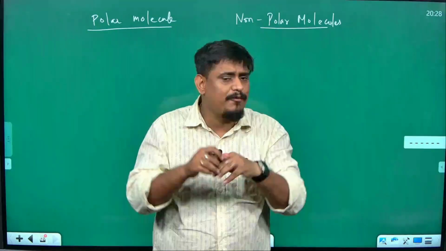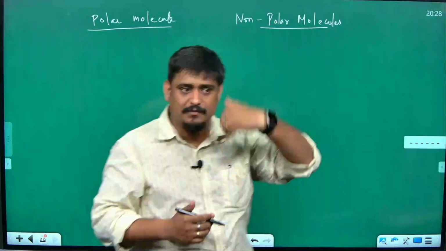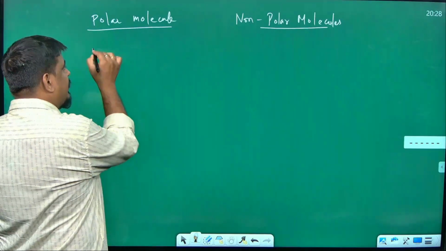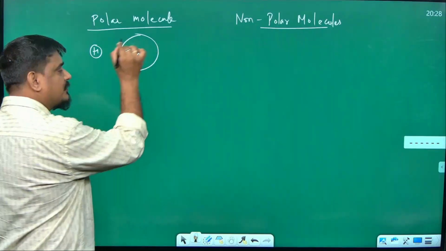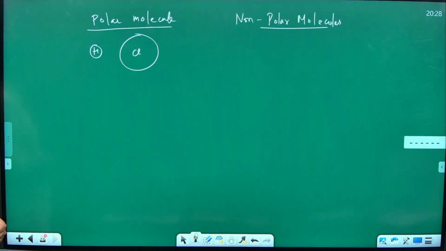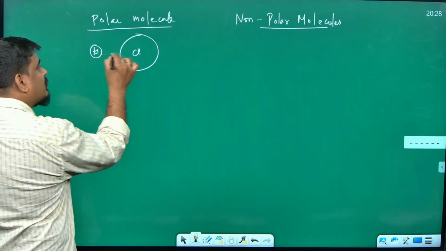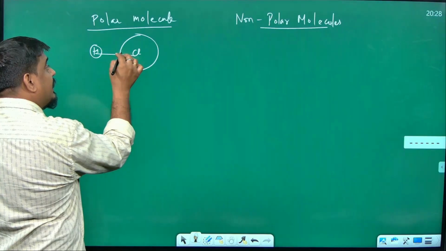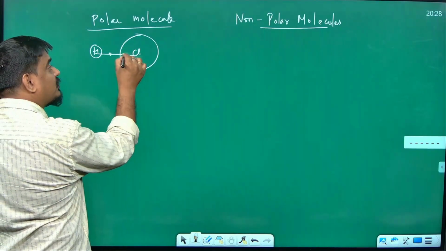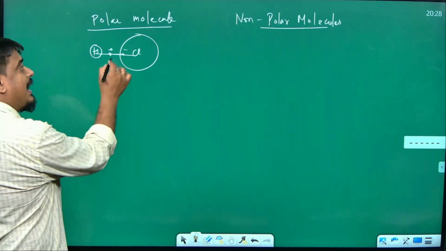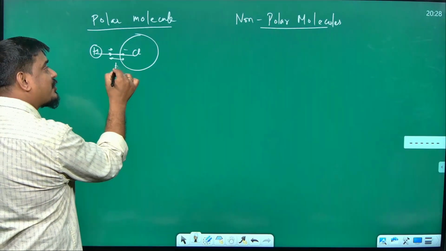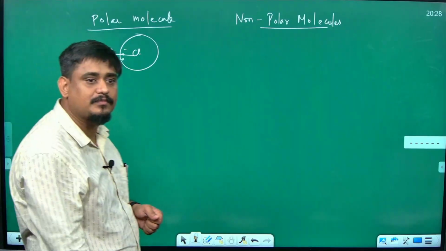So if you have a molecule, for example HCl, even HF, if you have HCl, H is small, Cl is large, am I right? If you see their positive and negative centers, there will be separation between them, and this leads to formation of dipole moment.